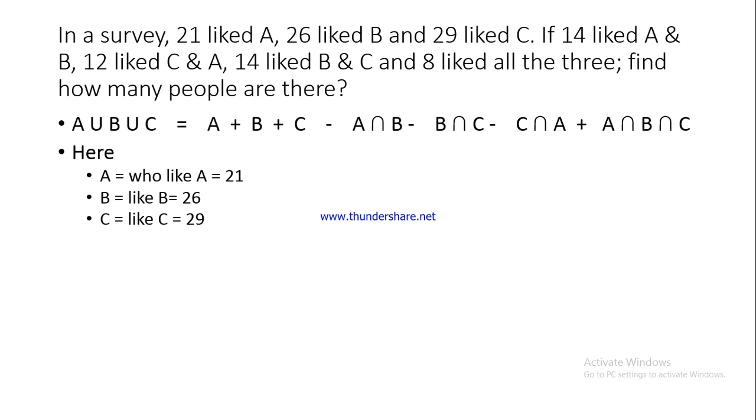Then only you can find out; it has not been given here. What I am trying to tell you is A is equal to 21 means there are people who like A and they are 21 in number. But these people may like B also, they may like C also, they may like both of them also. So basically A is people who like A. It is not people who only like A.